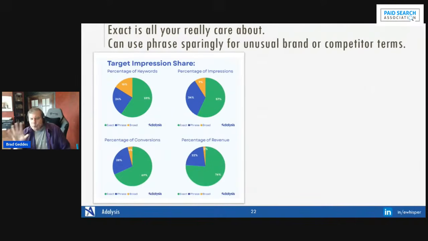Now, there's a reason for this. With target impression share, you tell Google, I want these keywords to have this impression share. It's impressions. When you use broad and sometimes even phrase with target impression share, you start matching to crazy stuff because you tell Google, judge me by the impressions.